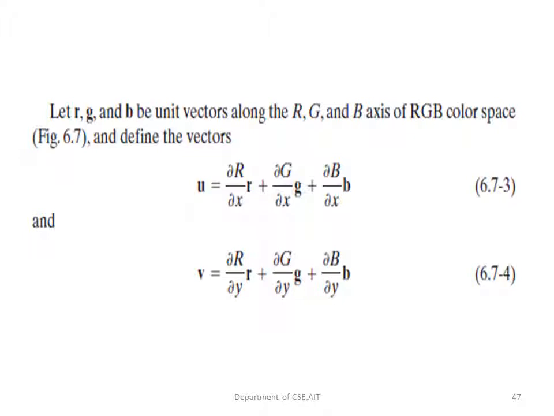We can define the vector u as the differentiation of r, g and b with respect to x. And another vector v can be defined as the differentiation of r, g and b with respect to y.